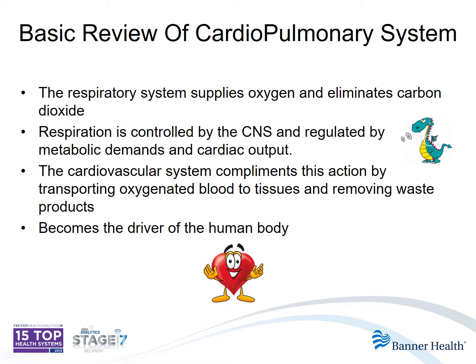Each heartbeat, or cardiac cycle, consists of two phases: the systolic, which is the heart's contraction, and the diastolic, when the ventricles relax and fill with blood. The volume of blood ejected from the left ventricle, the ejection fraction, will be discussed later in heart failure. Blood pressure is the force of the blood in a vessel.